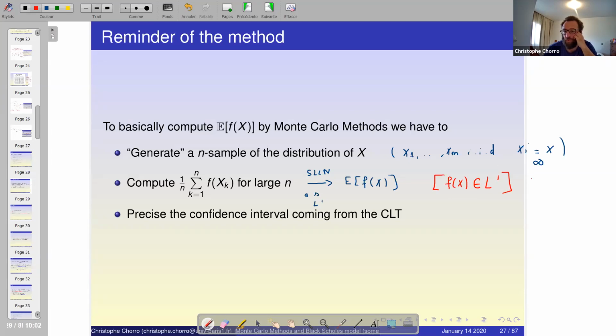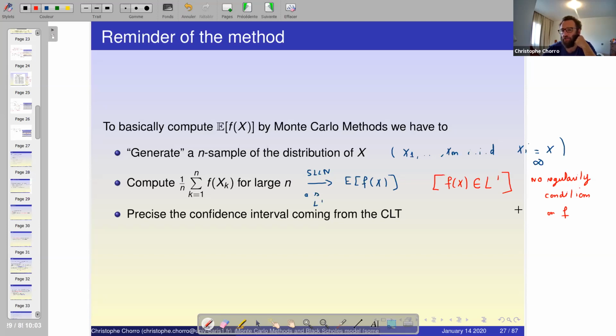You have no regularity conditions on f, only an integrability condition, something that is really weaker. I don't mind about the fact that f is continuous, f is C1 or something like this.